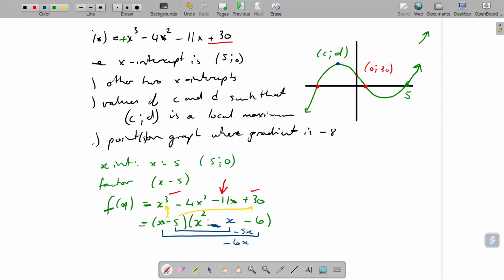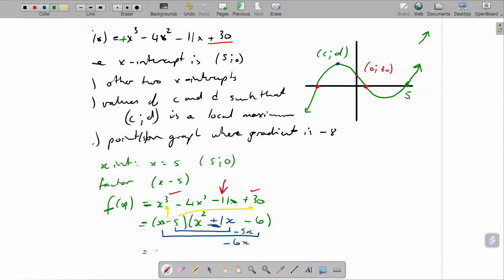Minus 5 times what would give me minus 5x? Minus 5 times plus 1. So I now know that that middle coefficient is plus 1x. What I'm going to do now is continue my factorizing because I want to see my three factors. So what I now have is x minus 5, and I want to factorize this trinomial.